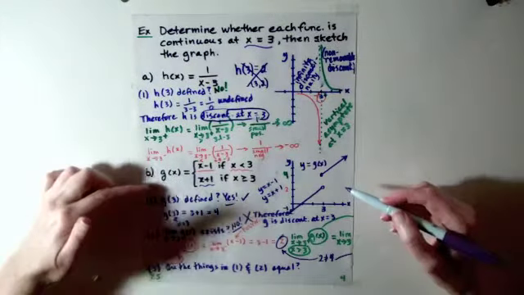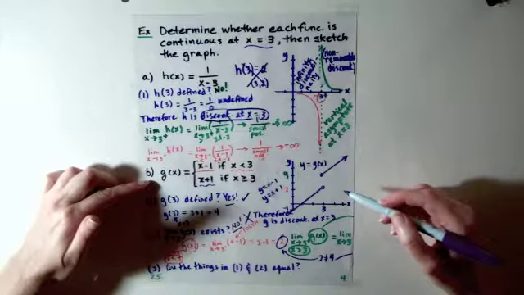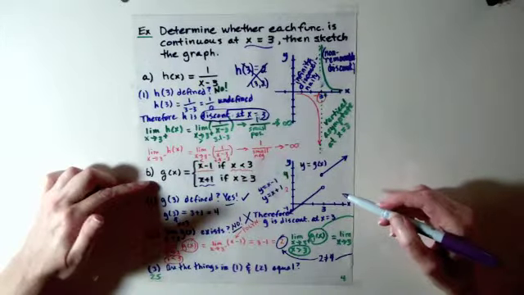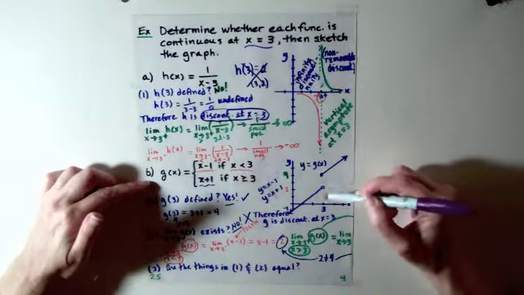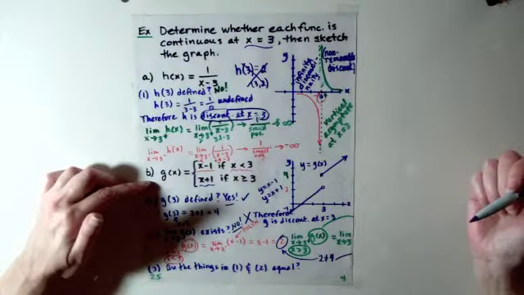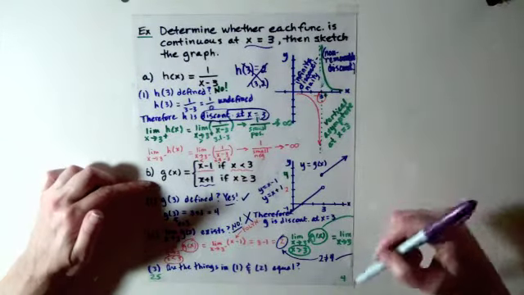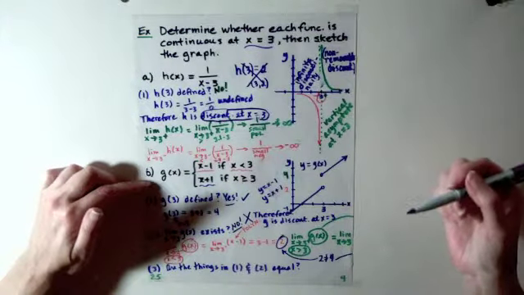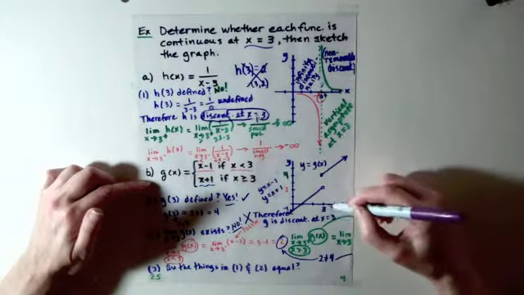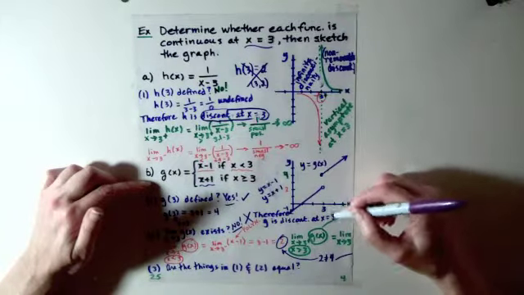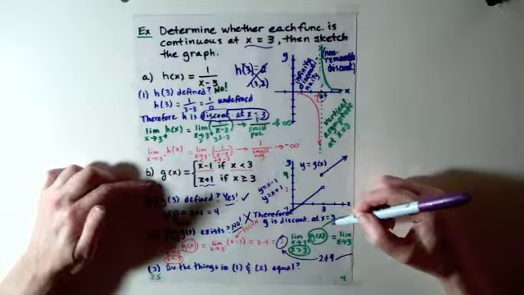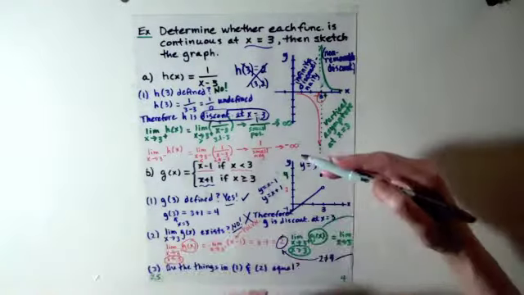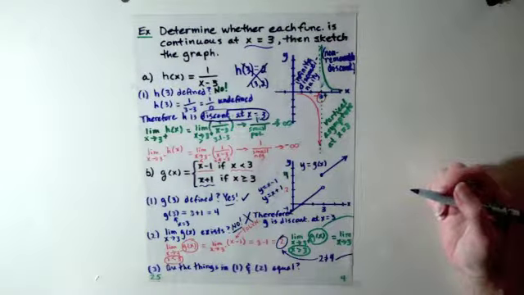Well, let's look at the example y equal g of x that we had down in part B. The function g was also discontinuous at 3. The question becomes, is that a removable discontinuity? Well, for it to be removable, it means that if we redefine g to have some other value at x equal 3, we can do so in a way that fixes this gap in the function and makes it continuous.